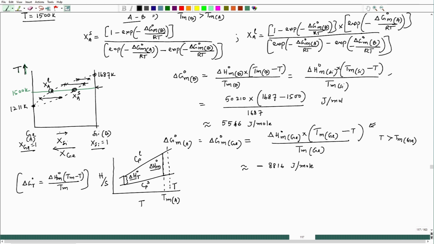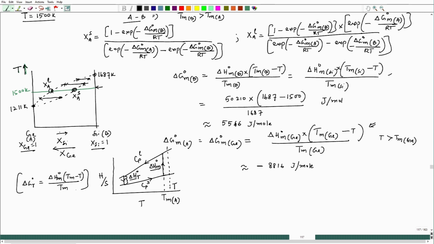And for that we have taken the cyclic rule, and we equated all the values for every step process; we added them up and equated to 0, because H is a perfect differential, a state function. So it will lead to 0.